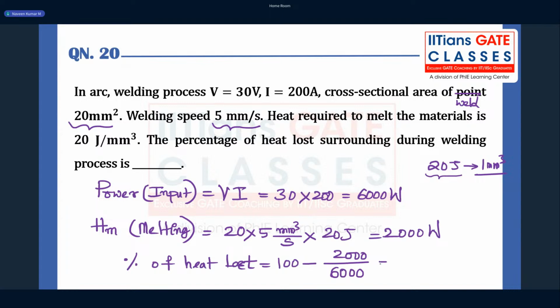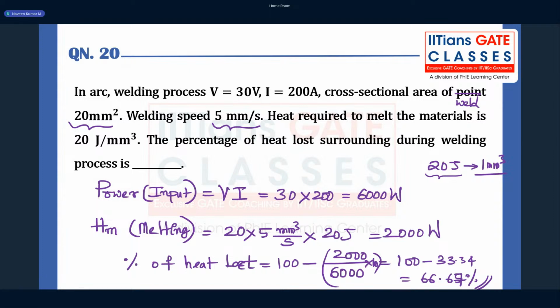So this is 100 minus, obviously on 6,000 because we are writing in percentage, some 33, 1 by 3, something like 33.334. This will be some 66.65, or 67, something like that. The answer is this. Very simple. Again, same input output every time, whatever question they're asking.